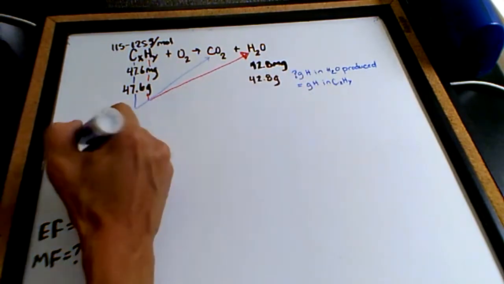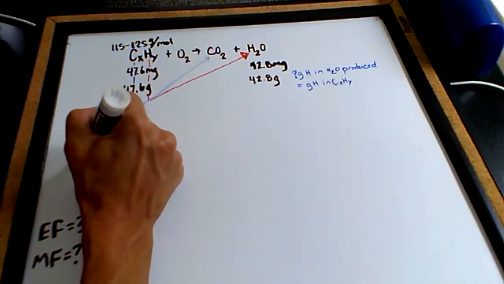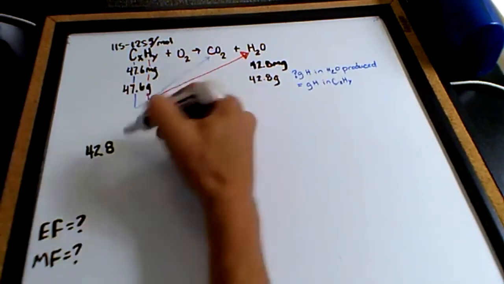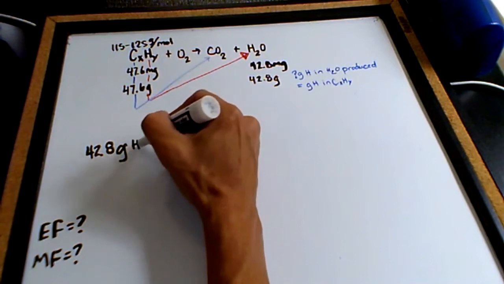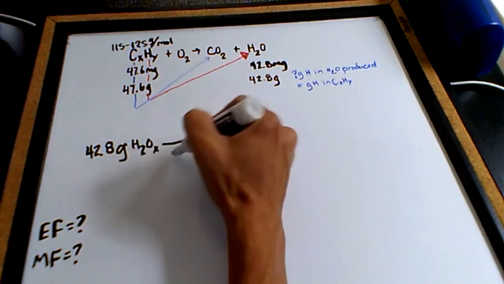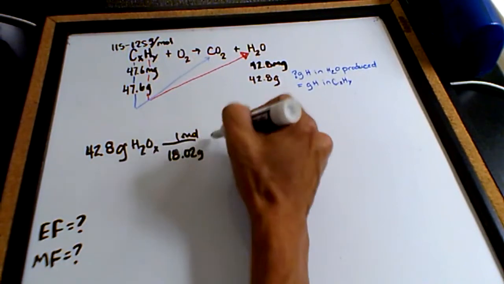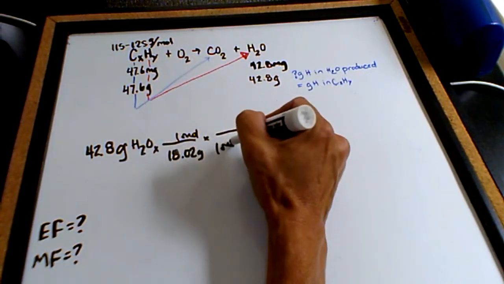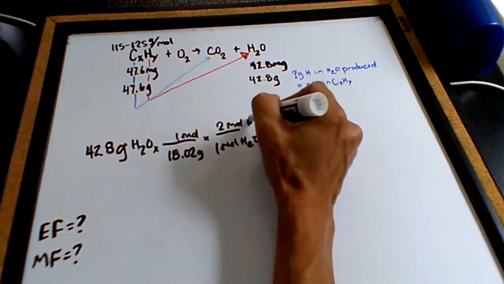So if I have 42.8 grams of water, I know that there are 18.02 grams of water in every 1 mole. I know that 1 mole of water has 2 moles of hydrogen.